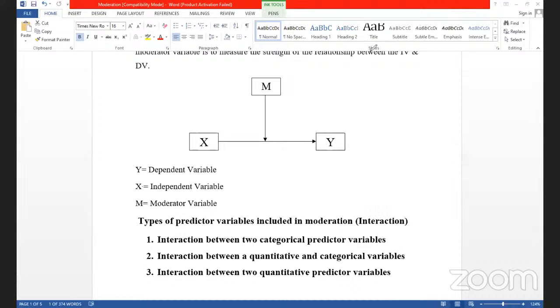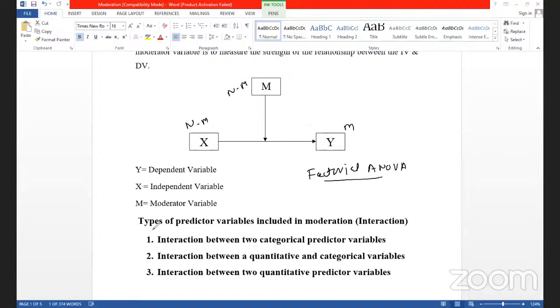If we take non-metric and metric, it is a case of simple factorial ANOVA. So instead of using regression analysis, we use factorial ANOVA in the first case.